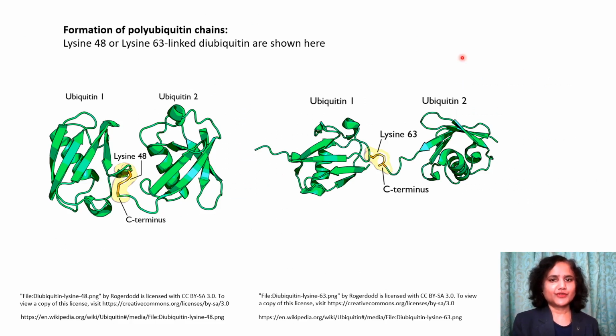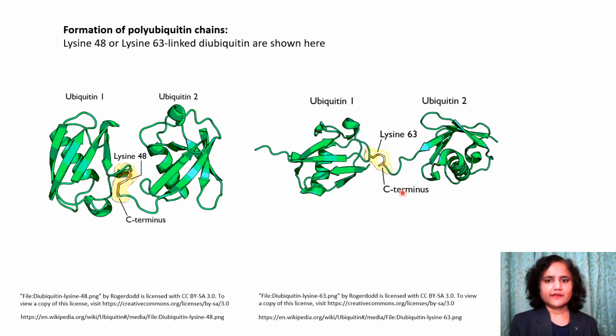So this is shown here how this might happen. This slide shows two of these common linkages used in making the polyubiquitin chains. So there's K48, lysine 48, and lysine 63. The linkage is shown over here where the C-terminal carboxylate group of the second ubiquitin is attached to the epsilon amino group of the side chain of lysine 48.